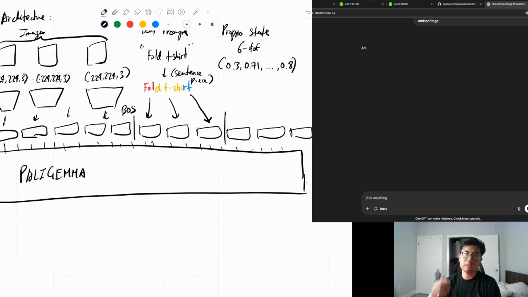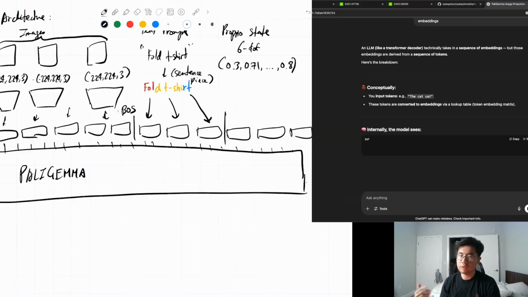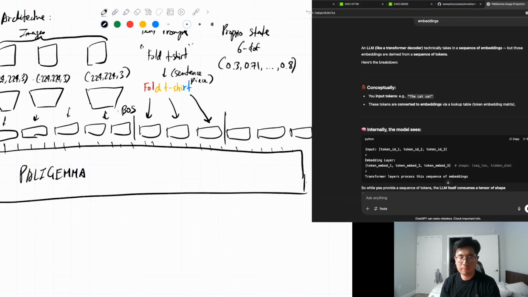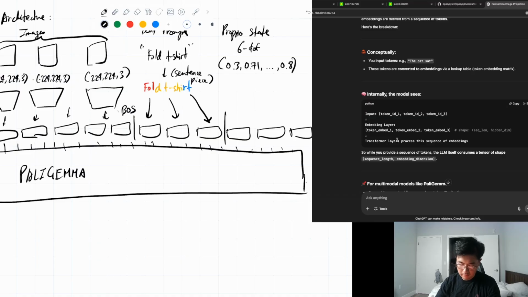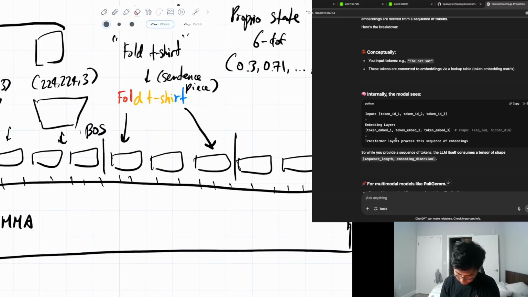It's a sequence of tokens that maps to a sequence of embeddings, and there's an embedding matrix.